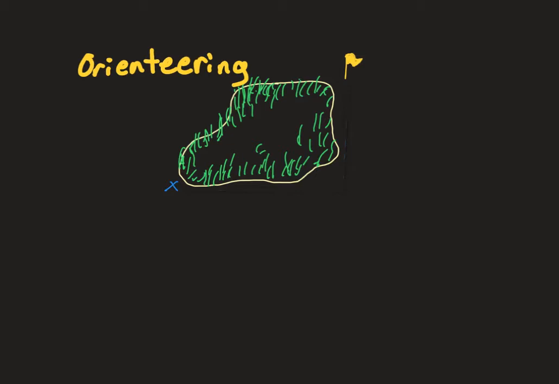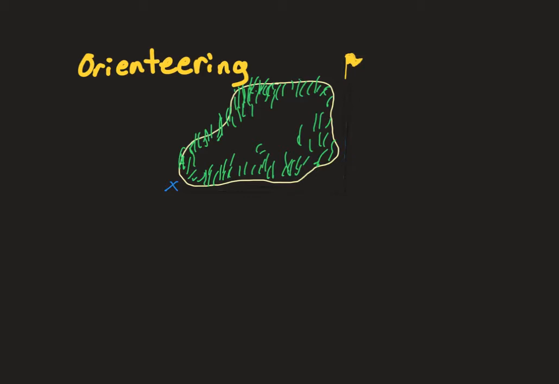Now, if I were headed from this blue X here toward that flag, I could go through this swamp. But I don't know, ticks, leeches, just taking the time slopping through the muck, that might not be the best direction to head in.